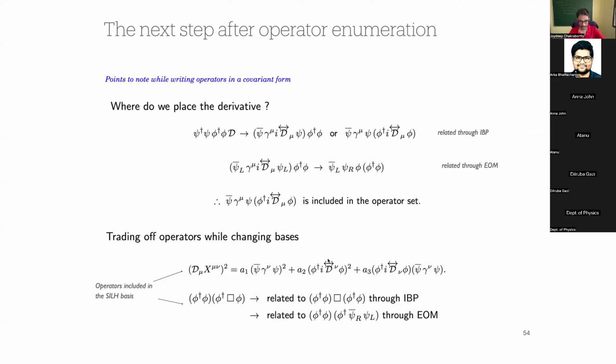But what we have done in our paper is we have listed all possible scenarios that one can encounter and make a mistake while translating from polynomial to covariant form. So one has to be a little careful, and one should be able to write down all the covariant operators. That's the best thing to do: write down the dimension 6 polynomial to covariant form, because the results are there and you can cross check with that.